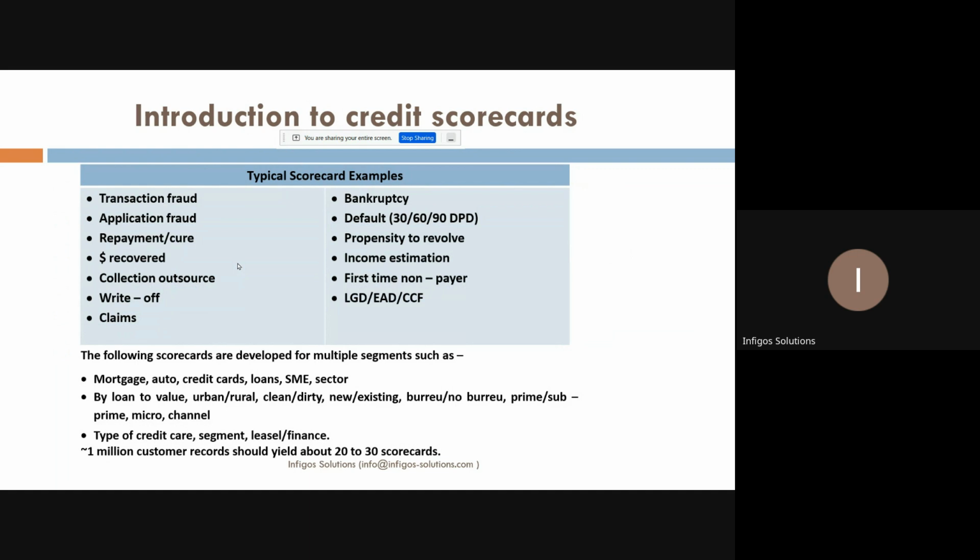We are building a fraud solution for transaction fraud, so we build a scorecard. And for cyber fraud, we build something like that again. And then we have anti-money laundering fraud. For that also we build something very similar to a scorecard.